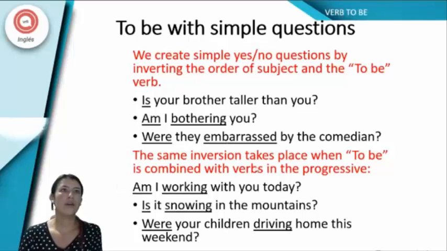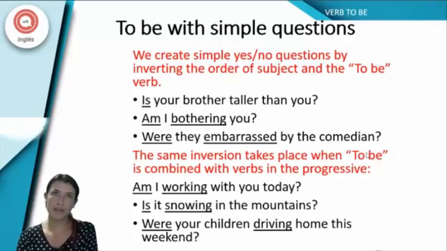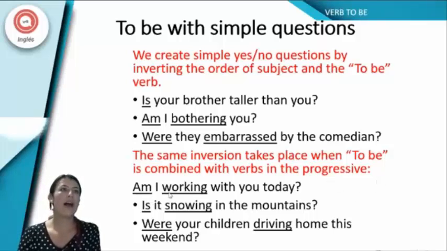So if I make a question with verb to be combined with the progressive time, I will say, am I working with you today? Yes, no, you're not. Is it snowing in the mountains? Yes, no. You see, this is also a yes, no question. You do not need any extra information to answer the question.